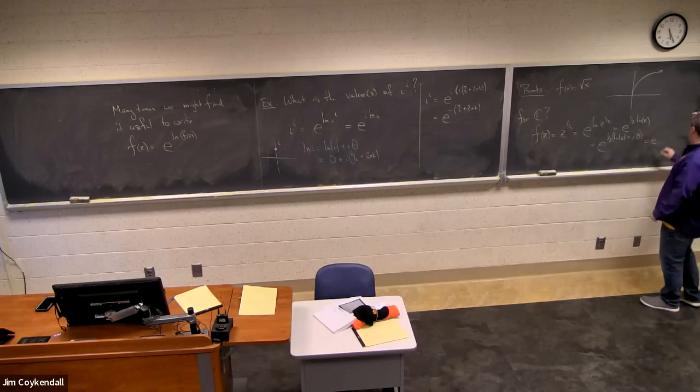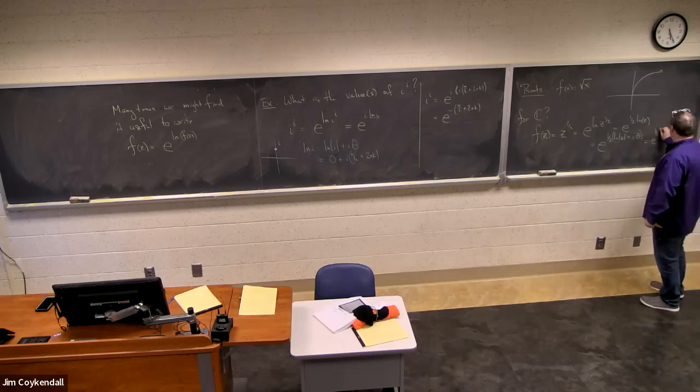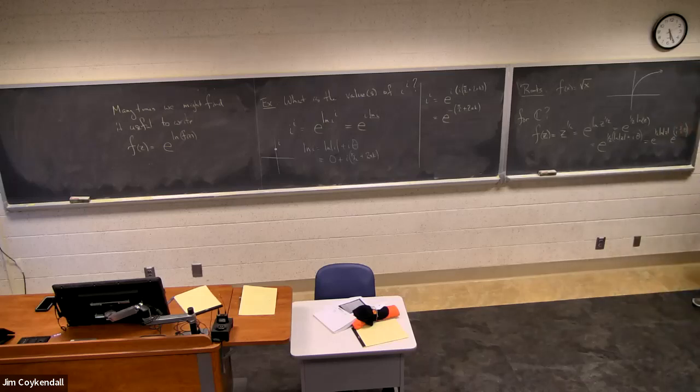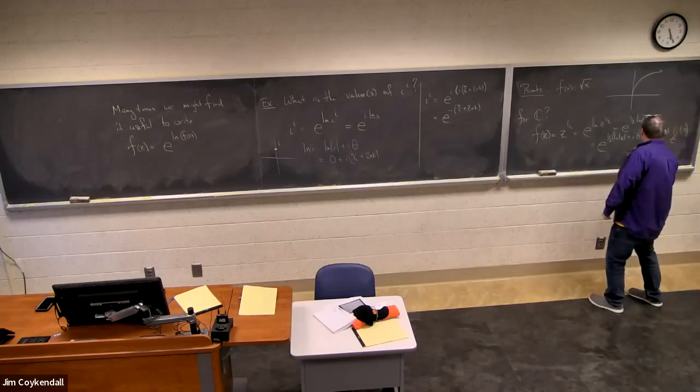When I do cube roots, I'll do this a little bit quicker. Notice that this part is just the square root of the magnitude of z. So just measure how big z is. That's a positive real number or 0, and it's the magnitude of z to the 1/2.